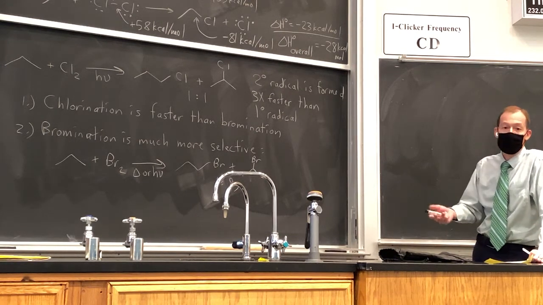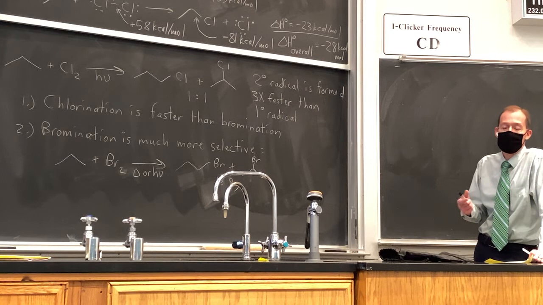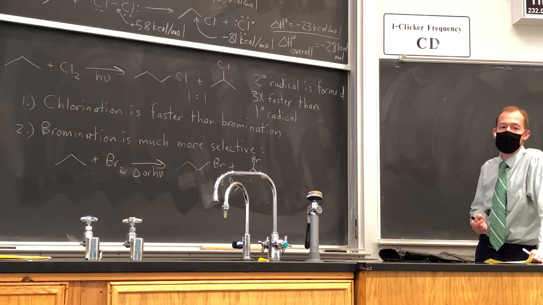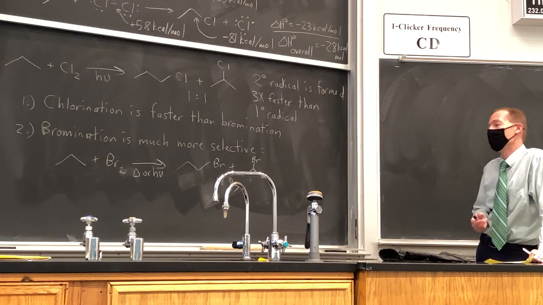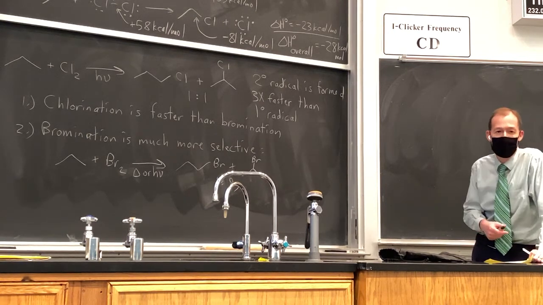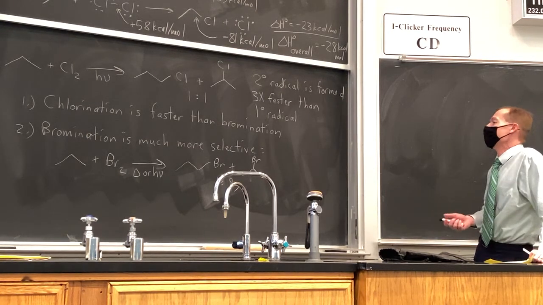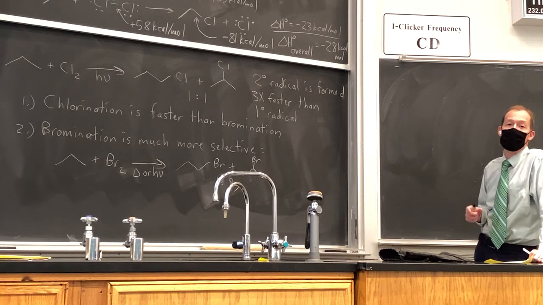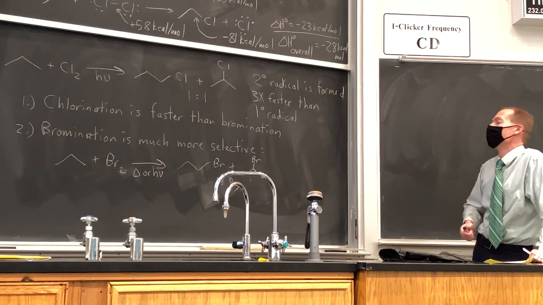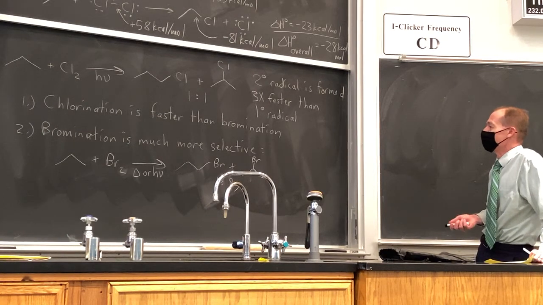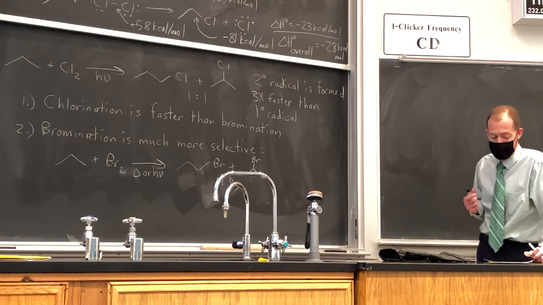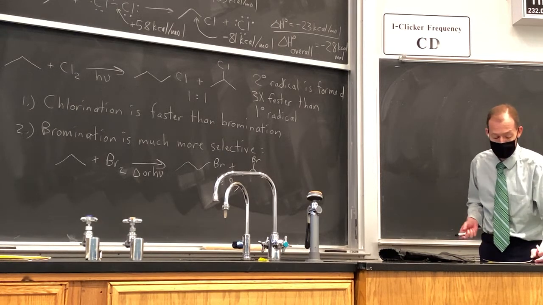The most common molecules that have one type of hydrogen are cycloalkanes, cyclopentane, cyclohexane. Methane has one type of hydrogen. Ethane has one type of hydrogen. There are a few others. But chlorination is going to be most useful for molecules that only have one type of hydrogen. Whereas bromination is going to be selective and allow you to generate the more substituted bromide.